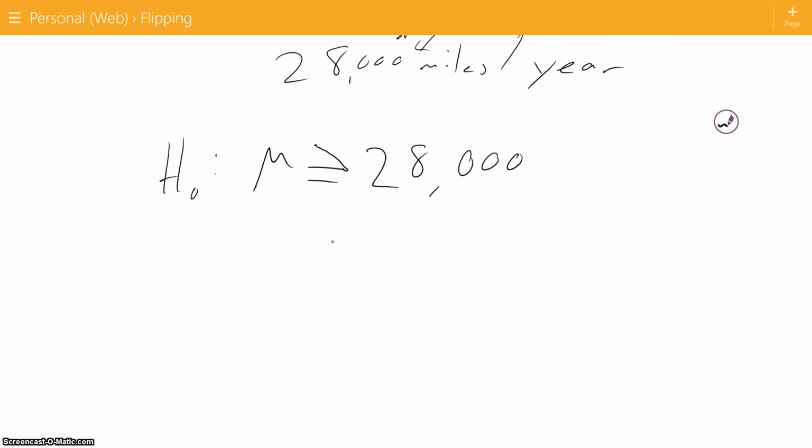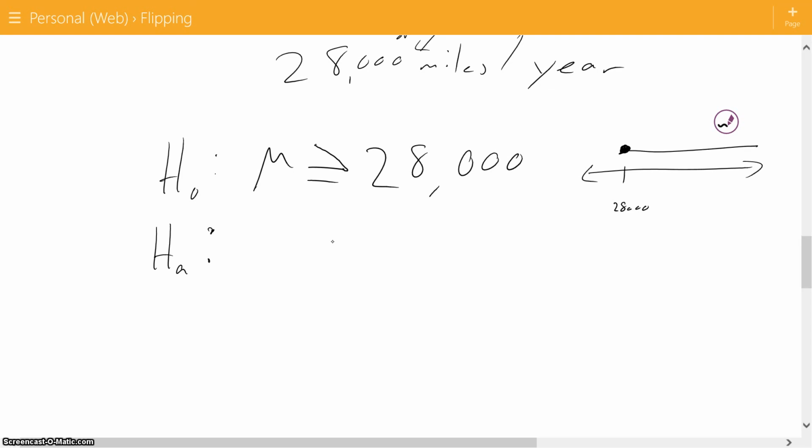An alternative hypothesis would be, well, you can't have any overlap. You cannot say anything that's not going to be mutually exclusive. Whatever you put down can't overlap. So if your H naught, your null hypothesis, is saying that here's 28,000, so closed circle there because we've got the greater than or equal to, goes off in that direction.